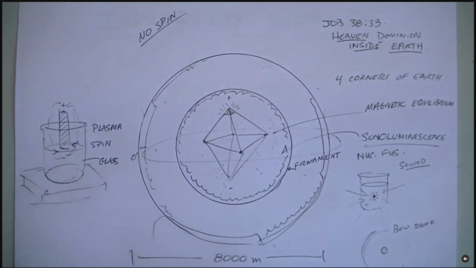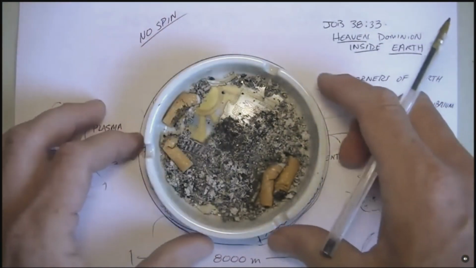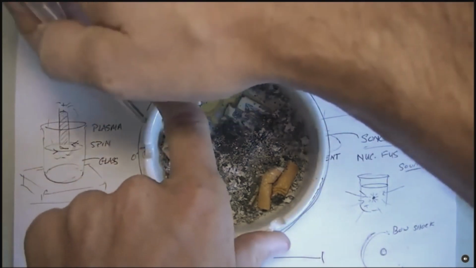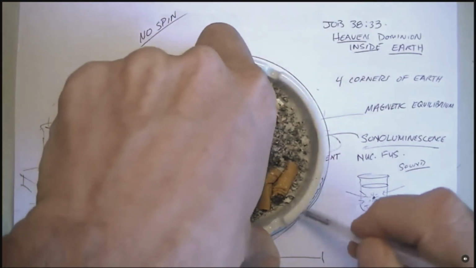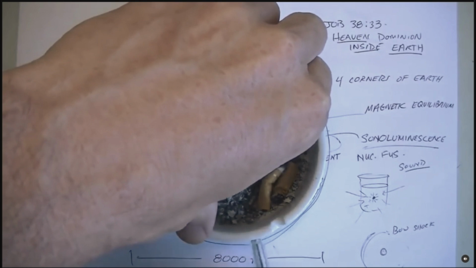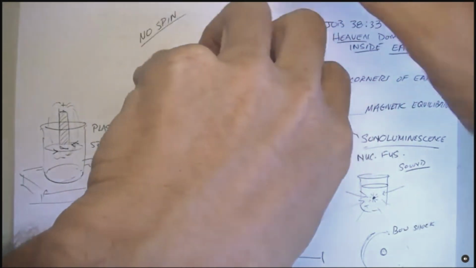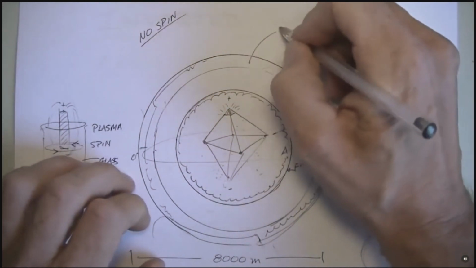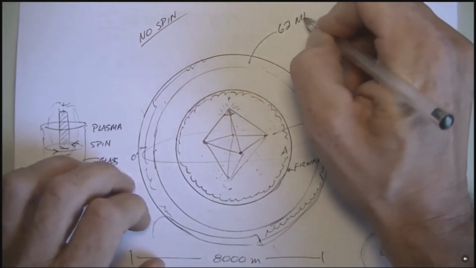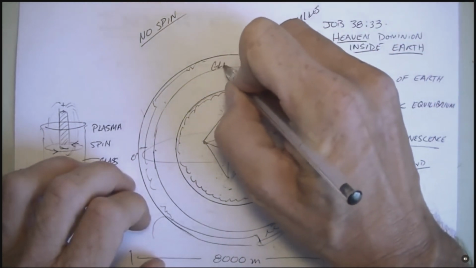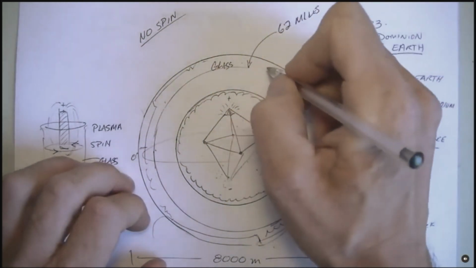There is a glass firmament at the top of the atmosphere, which is roughly 62 miles high. Glass. That was created after the flood.